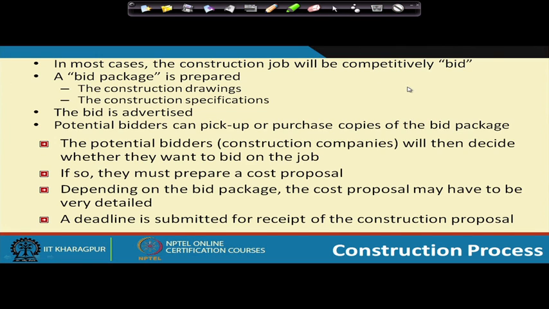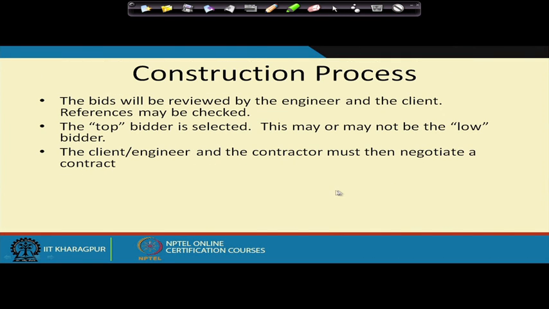Once this is done, the bids will be reviewed by the engineers and the client. The engineers could be part of the client team, who have their own engineers, or these engineers could be the consulting companies who helped with the design process. And then the top bidder will be selected.